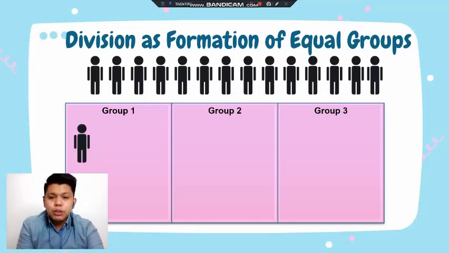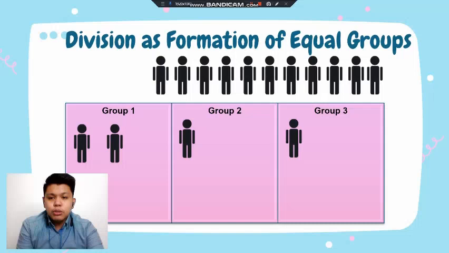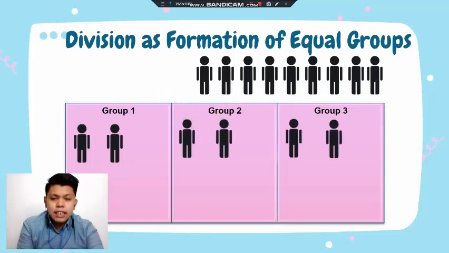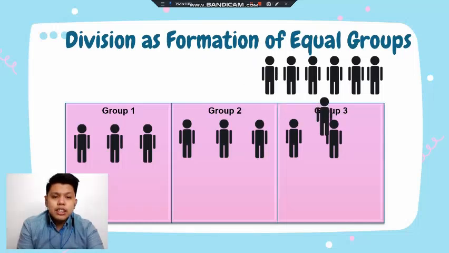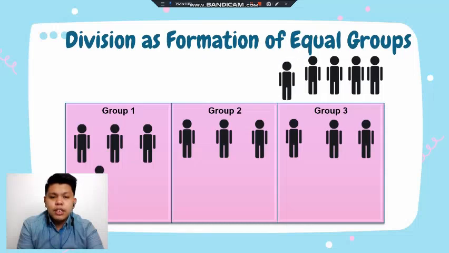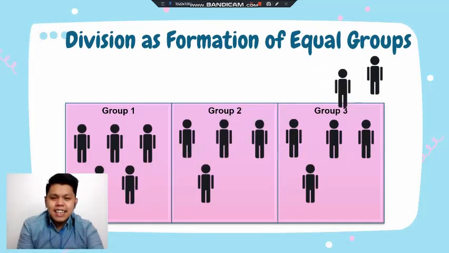The first one goes to group 1, second goes to group 2, and third goes to group 3. Repeat the process. Next person goes to group 1, then to group 2, then to group 3. We repeat this until everyone is grouped.